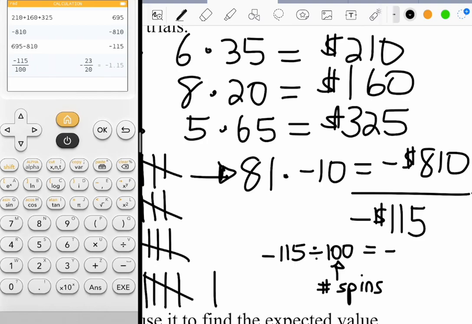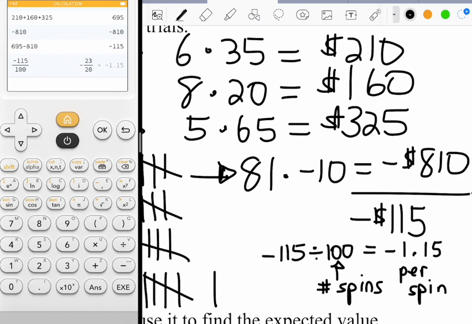I'm at negative 1.15 per spin. All right. So my personal expected value is negative $1.15. It should eventually amount to, what did I say, 5 cents.